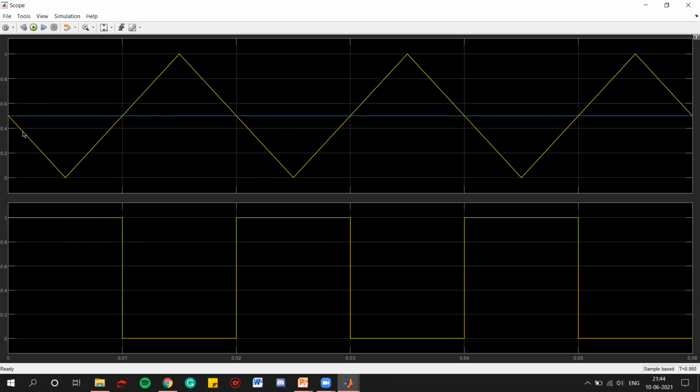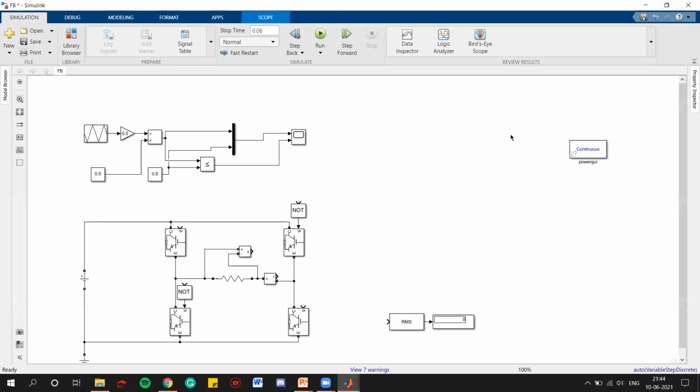So we know that whenever the triangle is more negative than the compared wave, that is the constant wave, the output we get is positive. So to get this positive output first, I started this wave from minus 90°, right? No other reason. So now connect this gate pulse here, as well as this gate will connect here. This NOT will also connect here, right?